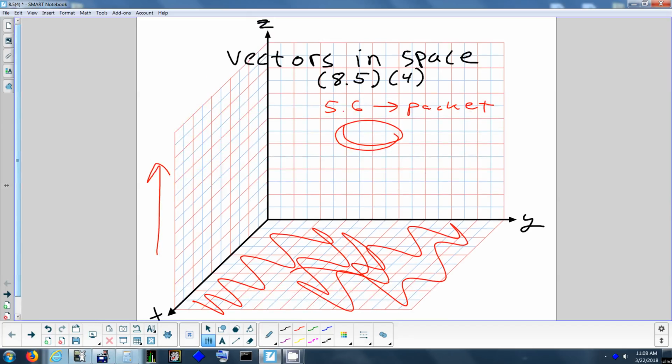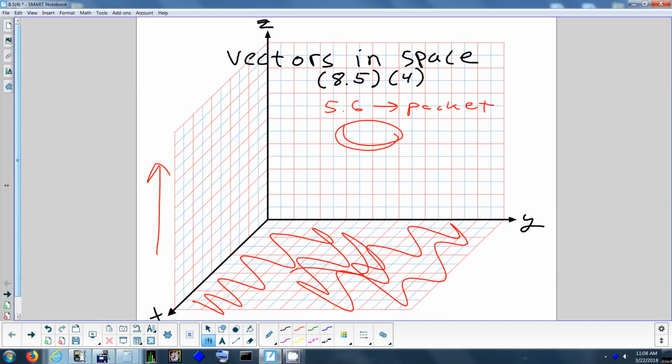Now, there's different ways you can do the z-axis, but the idea is this is called a right-handed coordinate system, and your book explains what that means. If your index finger points in the direction of the positive x-axis, and your middle finger points in the direction of the positive y-axis, then your thumb will point in the direction of the positive z-axis.